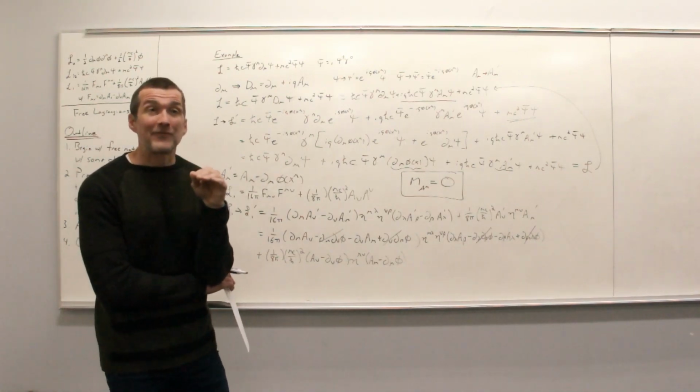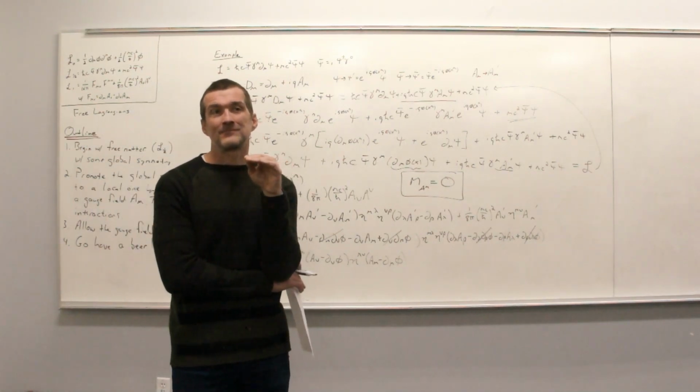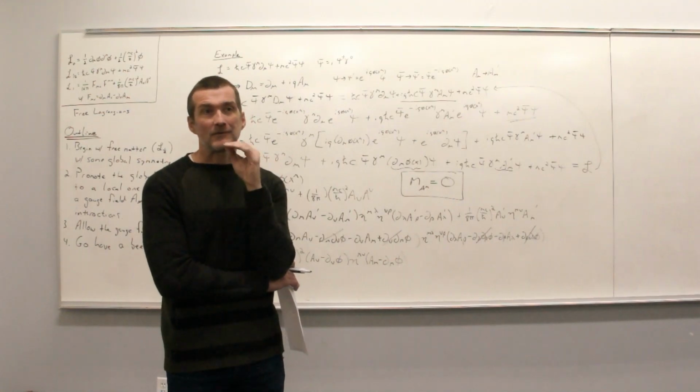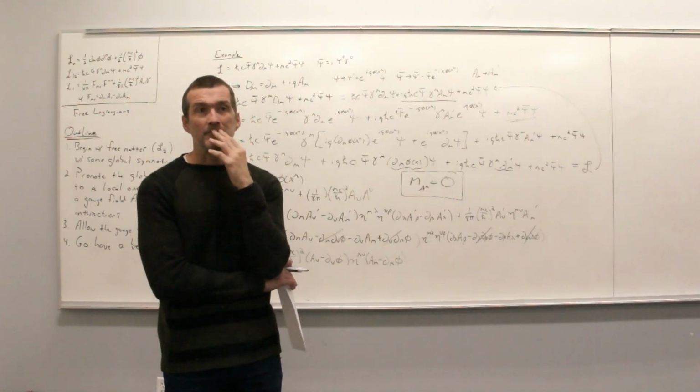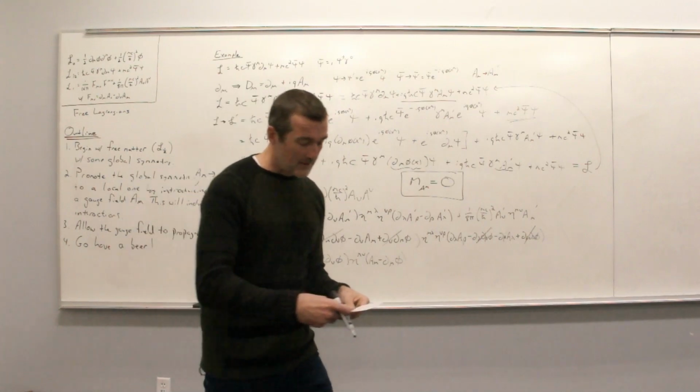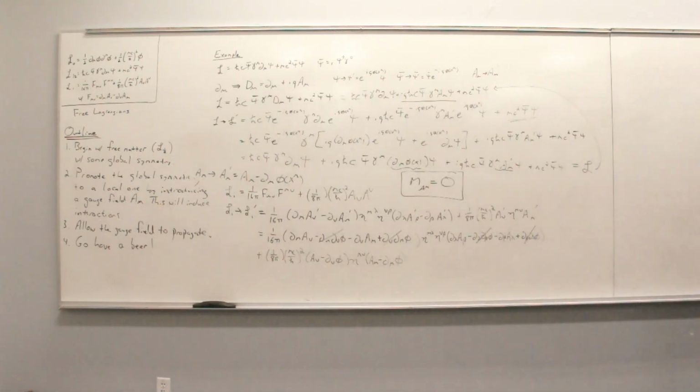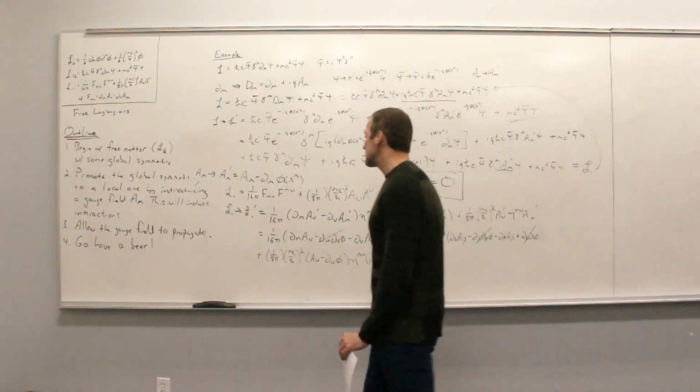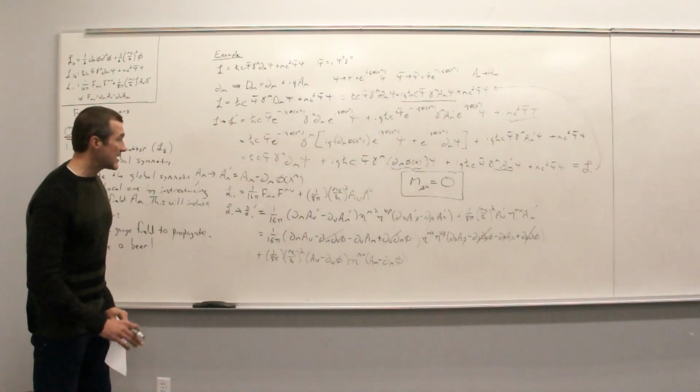We will resolve that in a couple of weeks with the Higgs mechanism. Okay? So that'll be a huge motivation for the Higgs mechanism. But for now, I just want to finish up with some additional comments on this and making connections to what people have seen in GR. But this is the story.